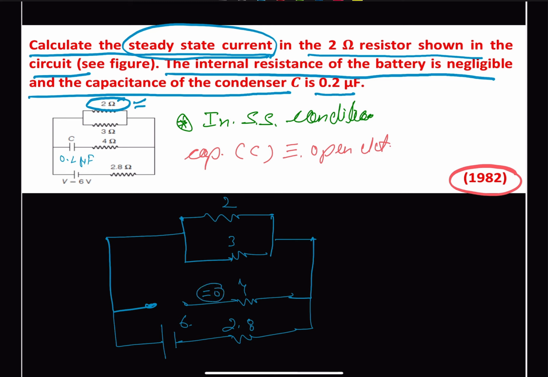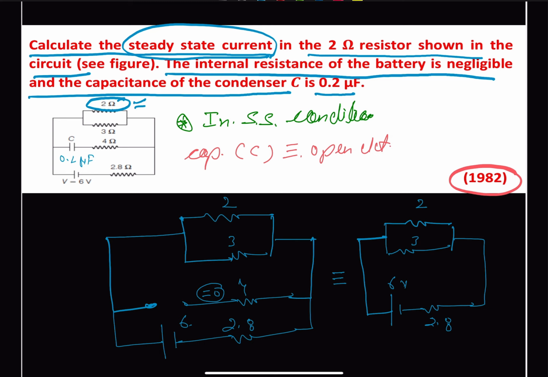So we can further draw an equivalent of this, our simplified circuit, so this comes as 2, 3 and 2.8, and this is our 6 volt.